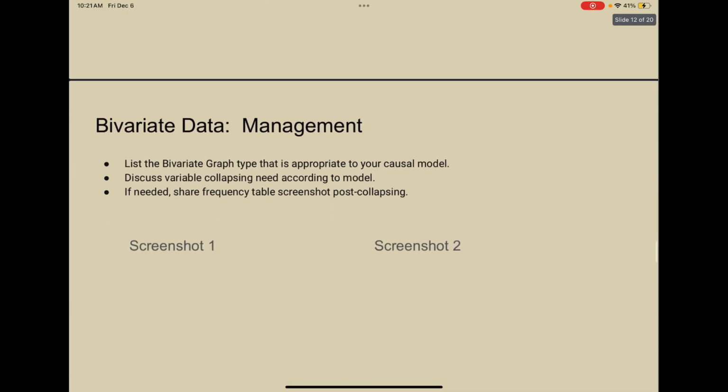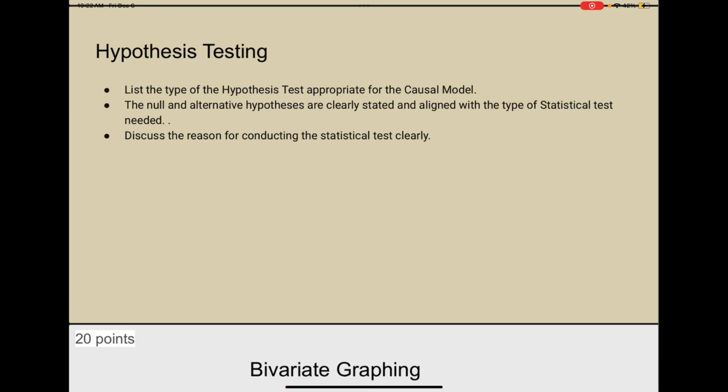Depending on our causal model, if we need to collapse any data, this is where our collapsed data goes, and it's going to affect our hypothesis test. So if our causal model is cat-to-cat, we'll use the chi-square. If it is cat-to-quant, it is ANOVA, and quant-to-quant is Pearson correlation. And we are using vocabulary that is adequate for each of our hypothesis tests.